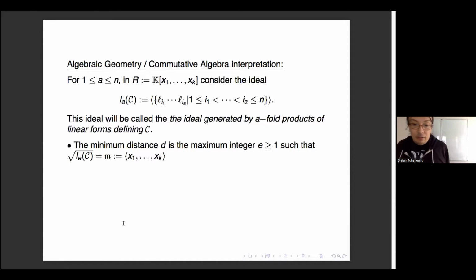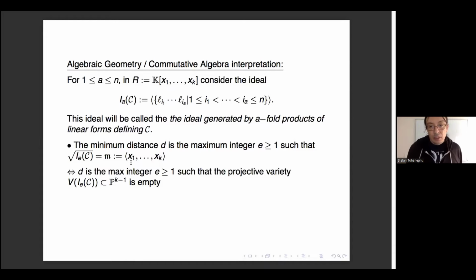And now, what does it mean for E to have only the trivial solution? It means the trivial solution has coordinates 0, 0, 0, right? So the minimum distance D is the maximum integer E such that the radical of this ideal of E-fold products of linear forms is the maximal ideal.